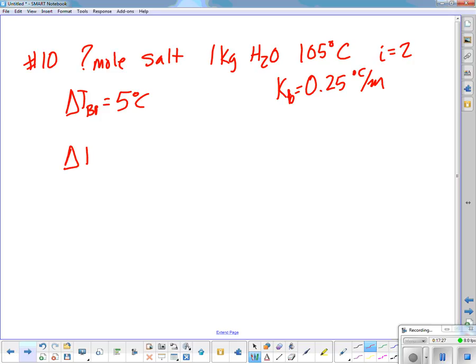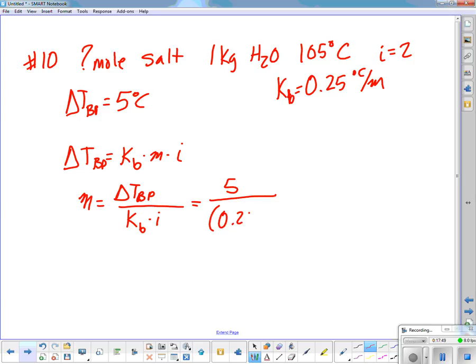I've got the equation delta Tb equals Kb times molality times I, so I'm just going to solve it for molality. Molality is delta Tb divided by Kb times I. Plugging in, you get 5 divided by 0.25 times 2, and we get 10, right? Yes.